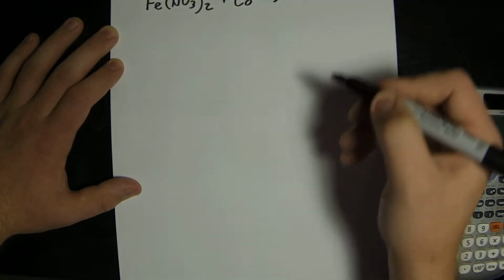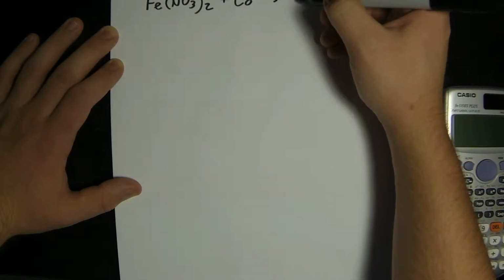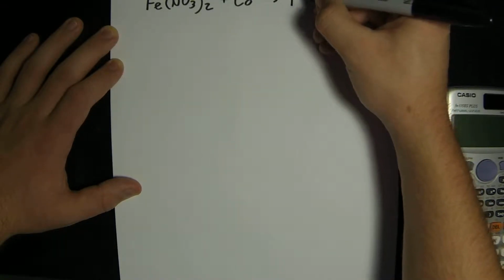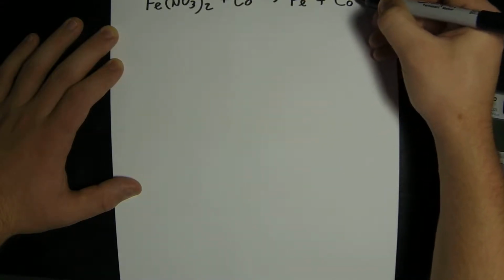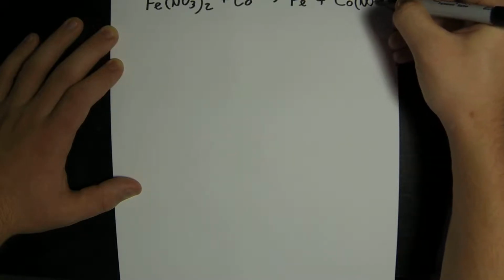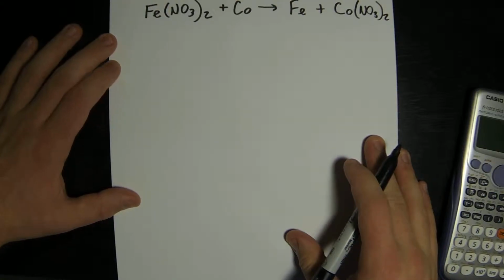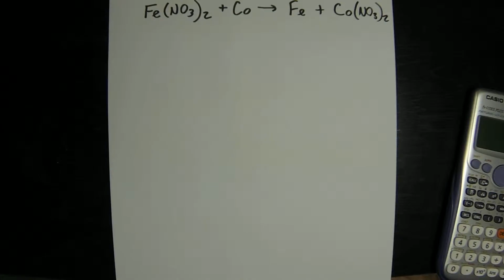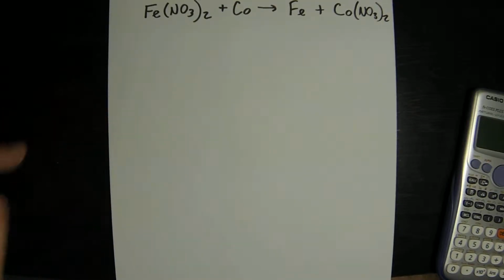Cobalt 2. Yeah, let's go to iron plus cobalt nitrate 2. Good. I'll bring that down a little bit. Alright, so I just came up with that off the top of my head. And so here we have iron being reduced by cobalt.